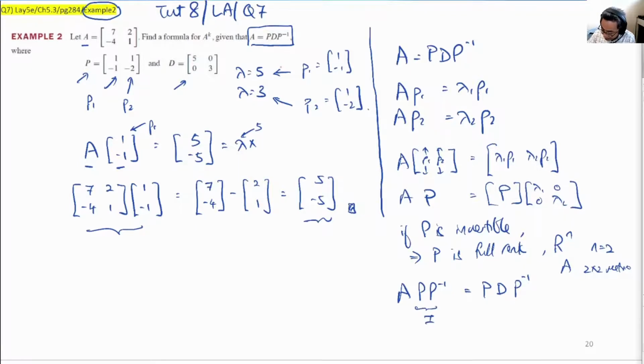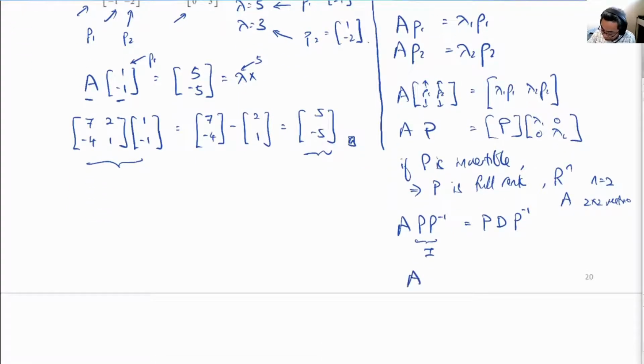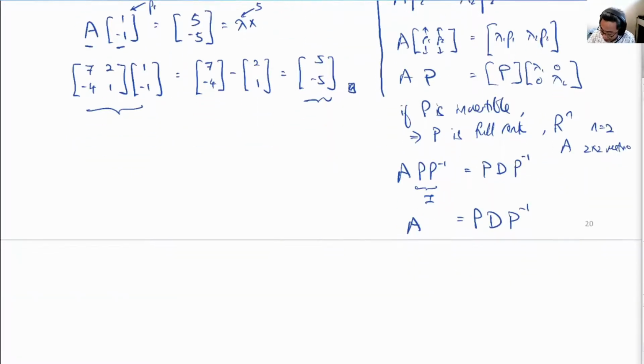This reduces to I, and therefore we now get the famous equation A equals P times D times P minus 1, where P is the columns of eigenvectors, D is a diagonal matrix consisting of the eigenvalues, and this is of course the inverse of the columns of eigenvectors.